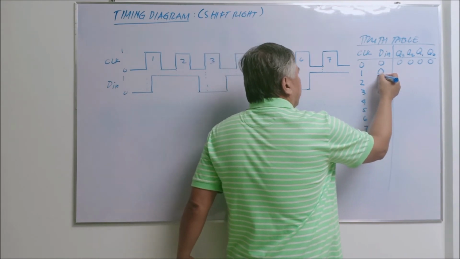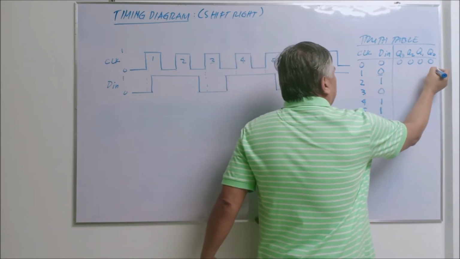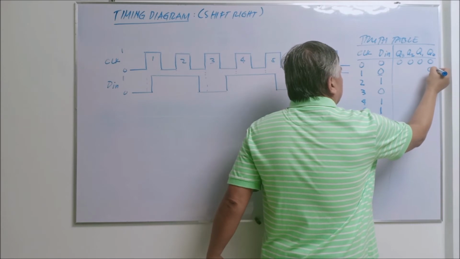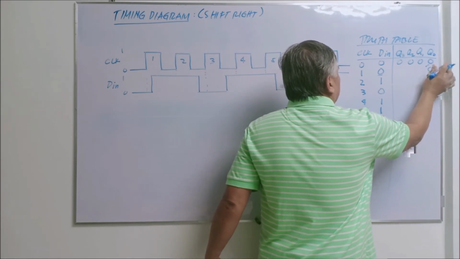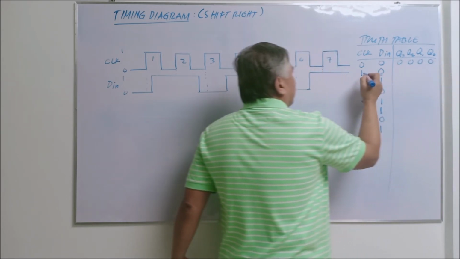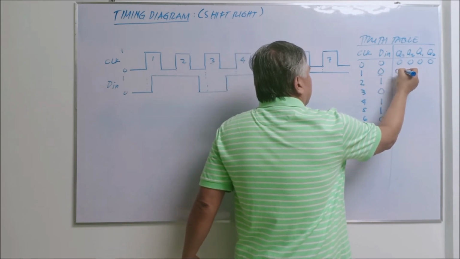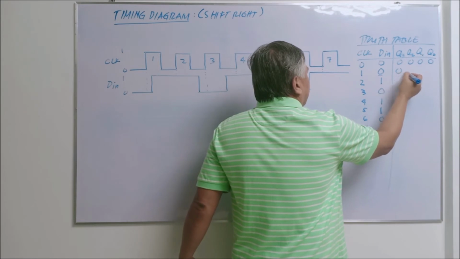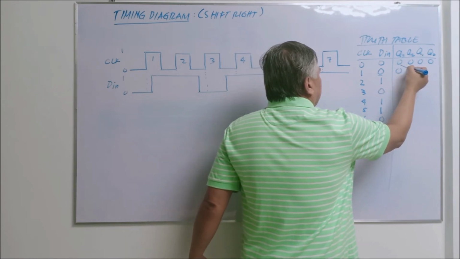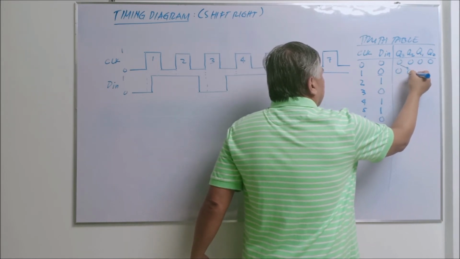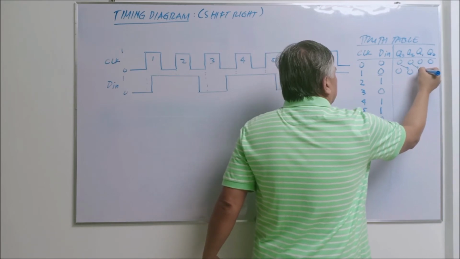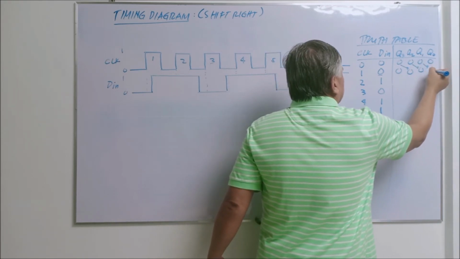So this D input value, 0, will become the value of your Q sub 3, it should start with Q sub 3. And this value here will move to the right: 0, this one to the right, 0, this one to the right, 0.